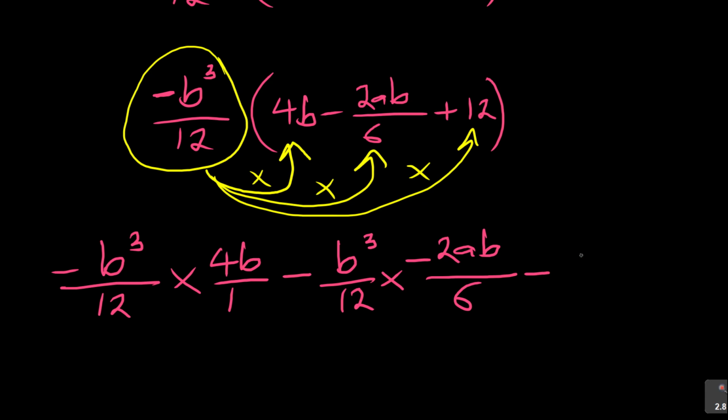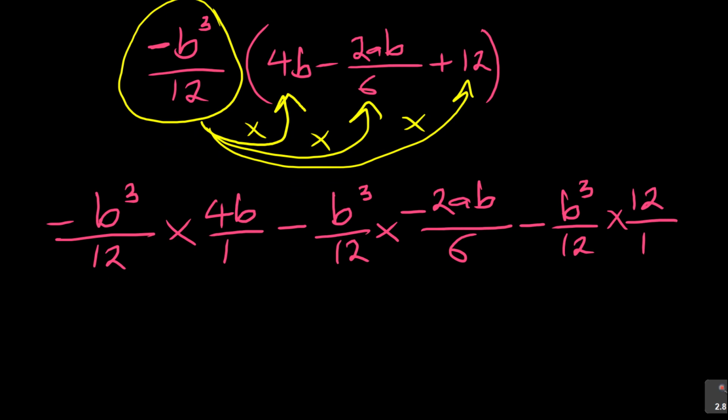And then again, minus b cubed over 12, and then times, you can write 12 like this, it's fine, but it's better to see that the 12 is on top over 1. Why am I doing that? I'm doing that because this allows you to see that 4 cancels into 12. You can cancel to say I get a 3 there.